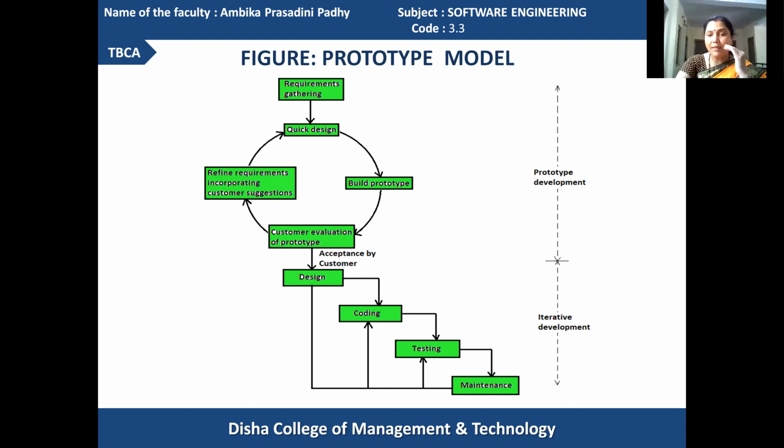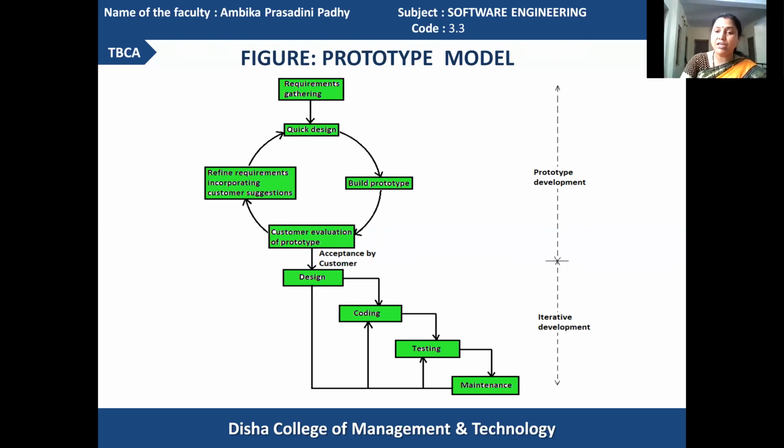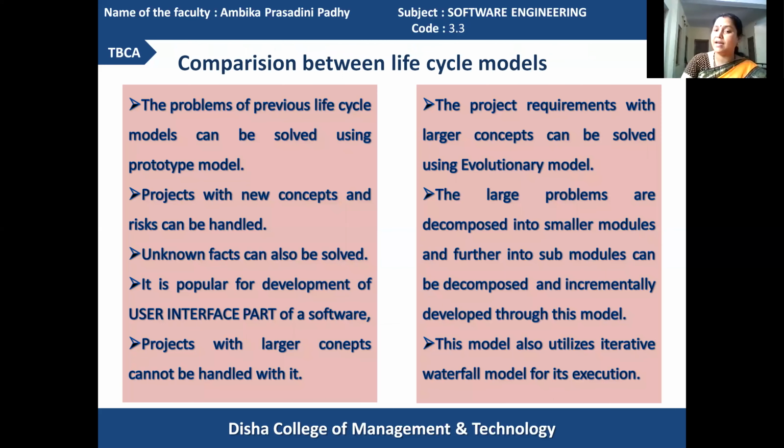In the iterative development part of the system, the rest of the development activity is performed as in the prototype model. And the problem with the prototype model is that it cannot solve larger risks that can be solved using the evolutionary model. Got it?